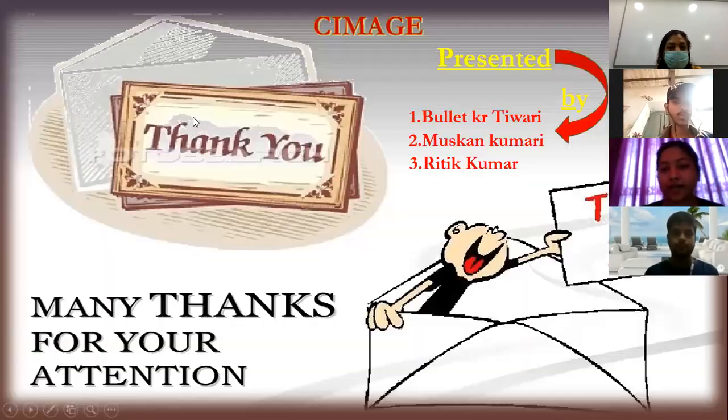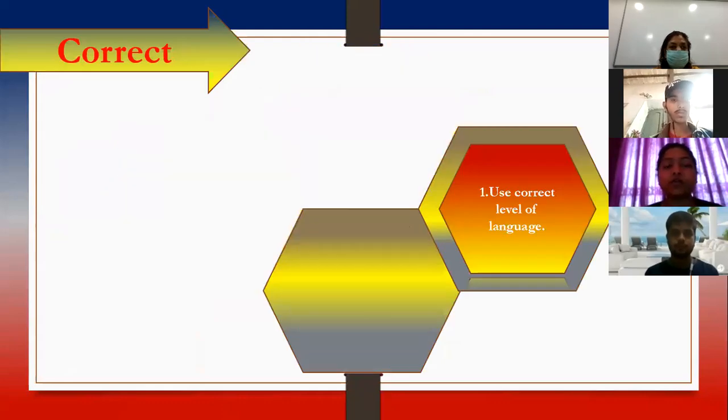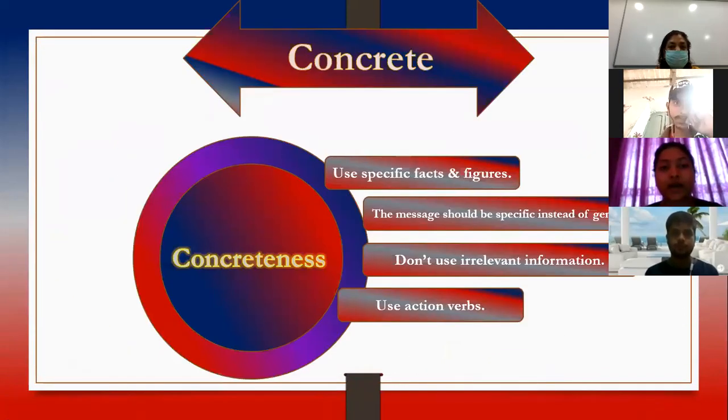Concrete. When your message is concrete, then your audience has a clear picture of what you are telling them. There are details and vivid facts, and laser-like focus. Your message is solid. Some examples: use specific facts and figures.